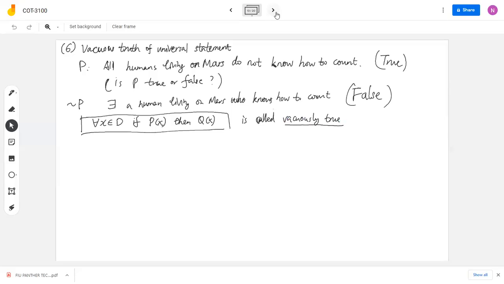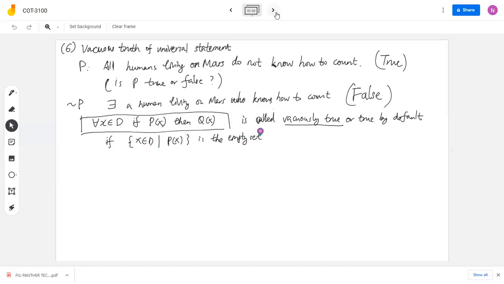Or true by default. If the set of x in D such that P(x) holds is the empty set, that is, no x makes P(x) true.